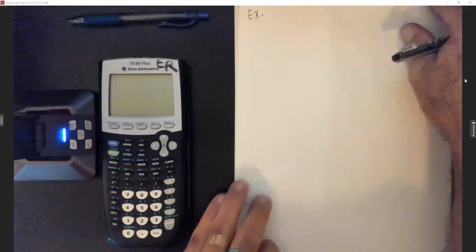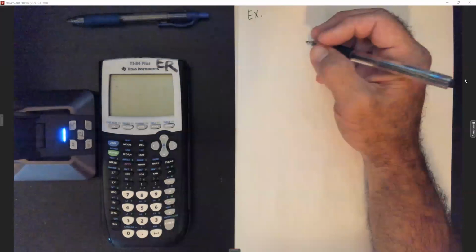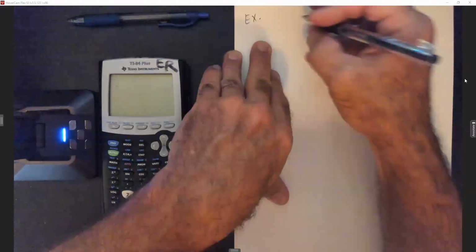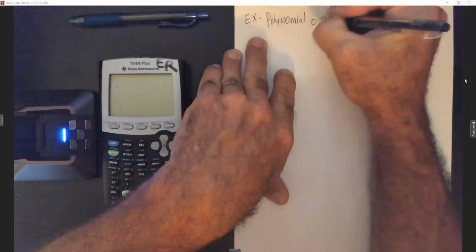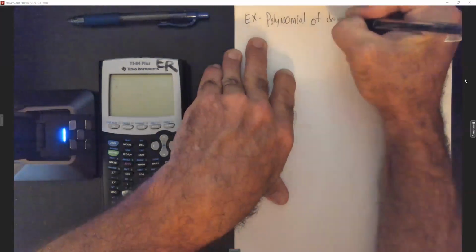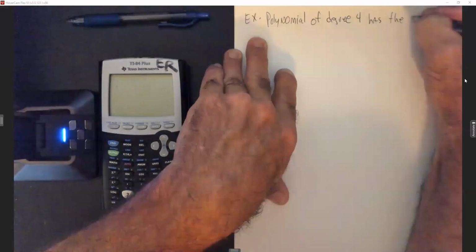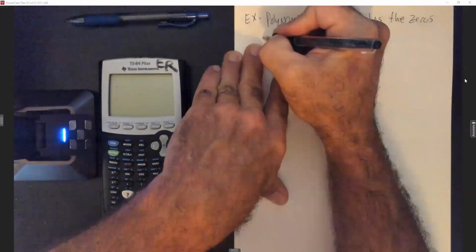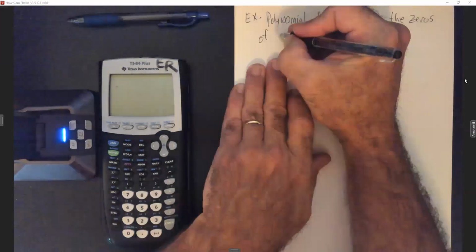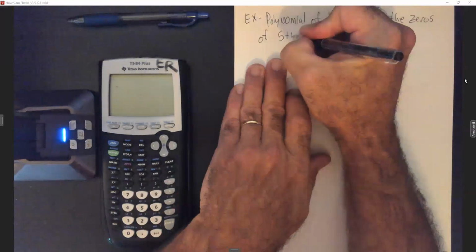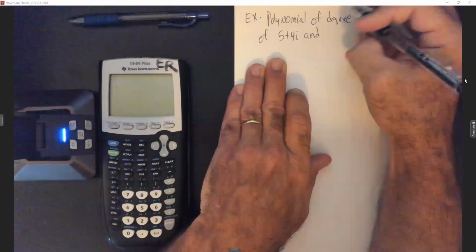All right, so this one says a polynomial of degree 4 has the zeros of 5 plus 4i and 4 plus square root of 2.